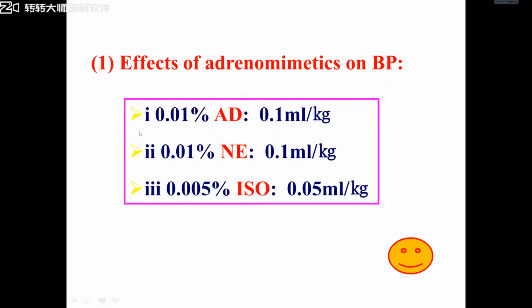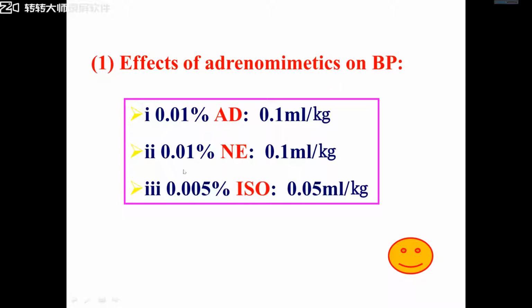At first, let's inject 0.01% adrenaline, 0.1 milliliter per kilogram of body weight. Just now our rabbit was 2 kilograms, so we inject 0.2 milliliter adrenaline, and then observe the effects.